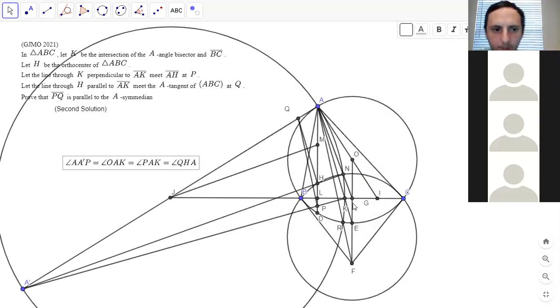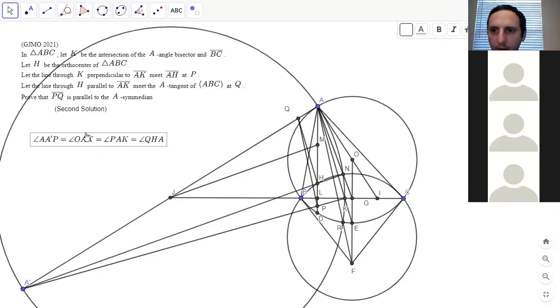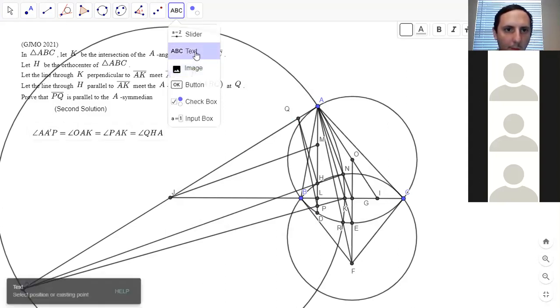I don't even think about this. So okay, this means that QHPA prime is cyclic.